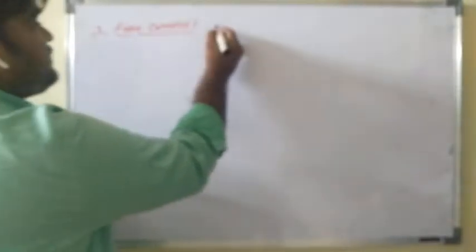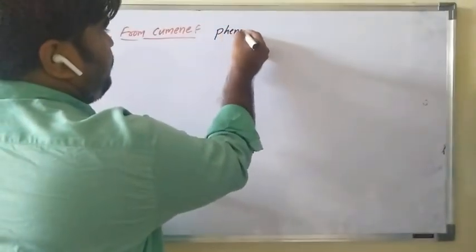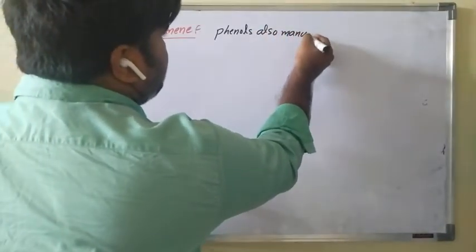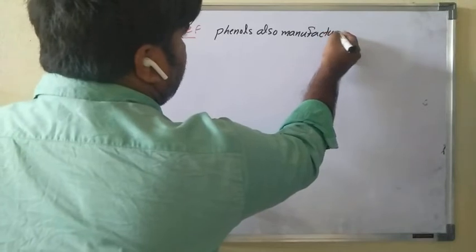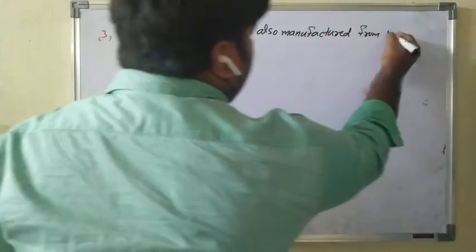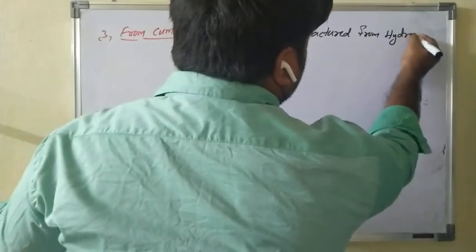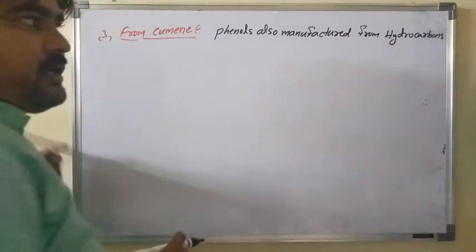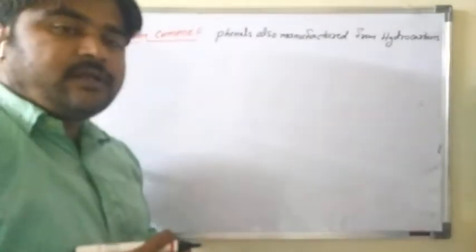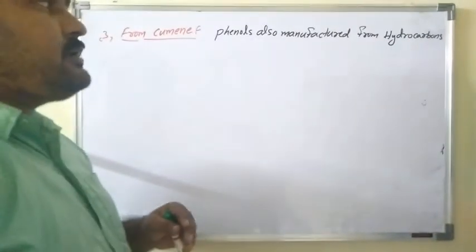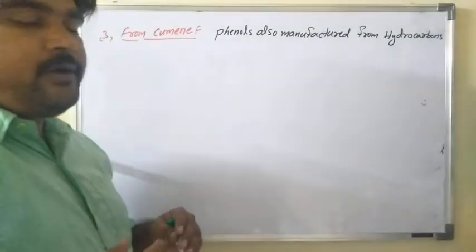Phenols also manufactured from hydrocarbons means what? Alkanes, hydrocarbons, aliphatic. So phenol is also manufactured from hydrocarbons.